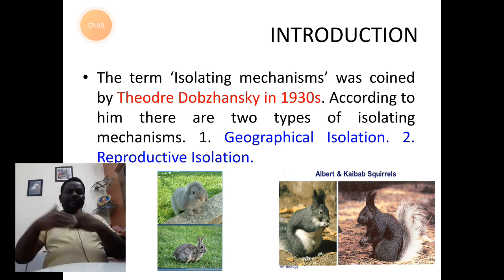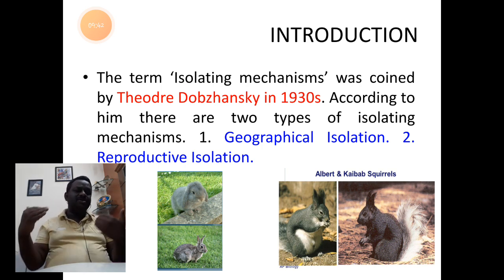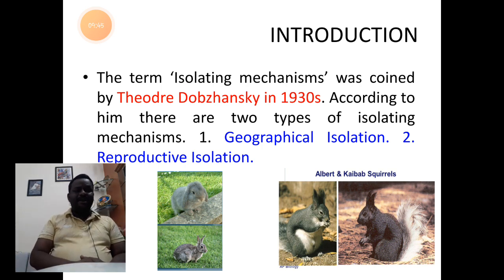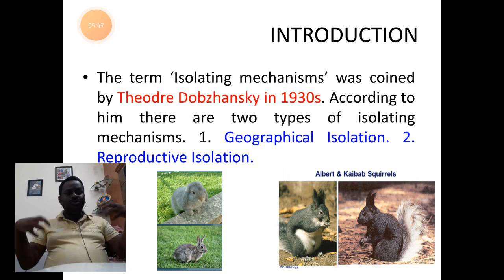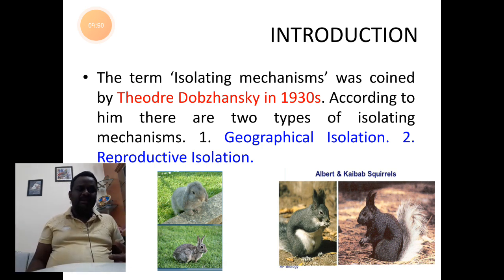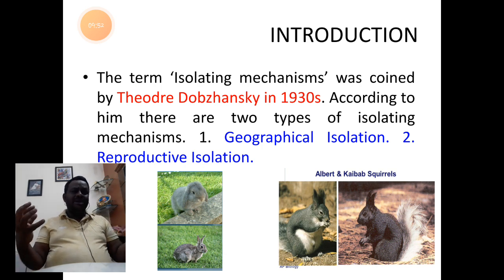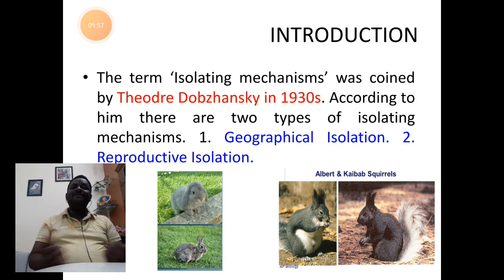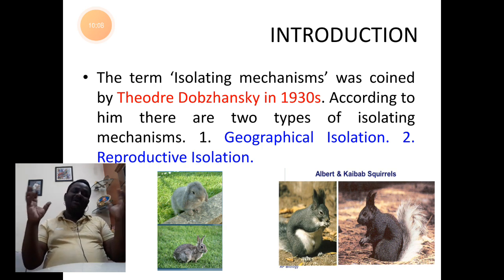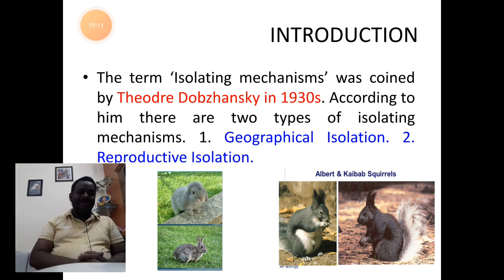The reason is that they remain separated for years and years together, so that both groups become totally new species, which do not mate or reproduce even if they come closer, even if they come together. This kind of isolation we call reproductive isolation, because they are two different species, and they cannot reproduce at all. Genus will remain the same. Remember students, genus will remain the same, but the species will vary.